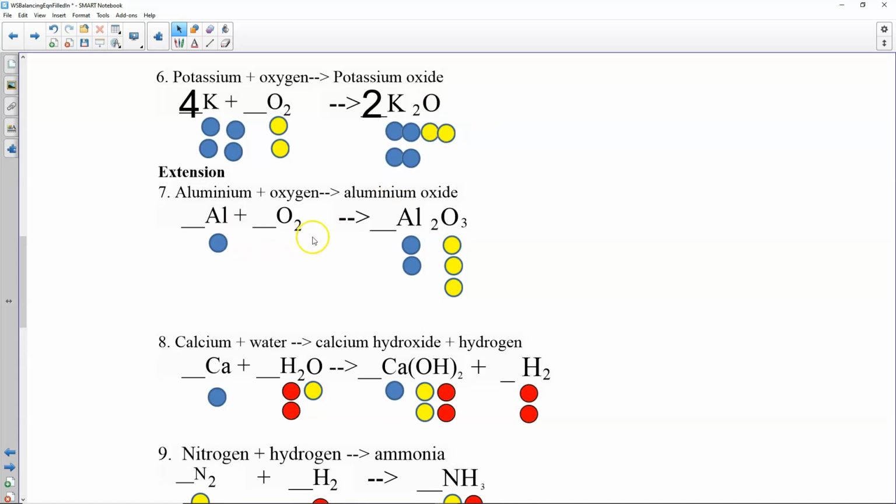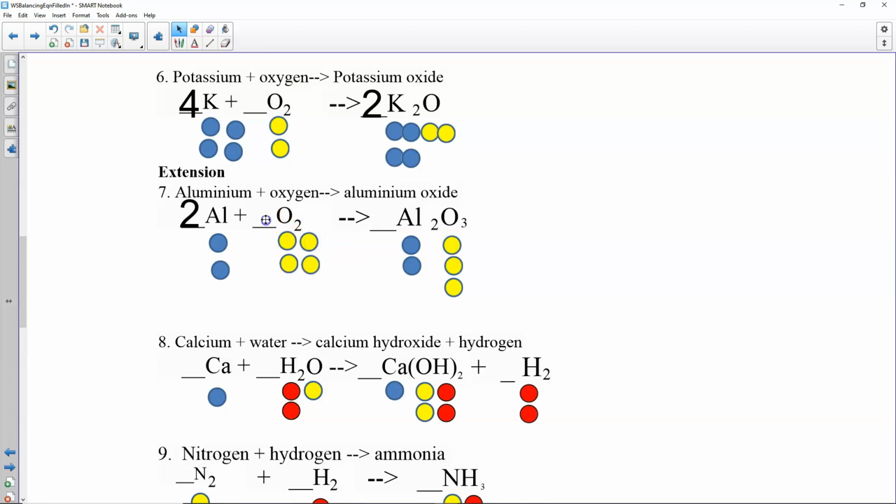The extension question is the aluminium plus the oxygen. So let's start with the aluminium first. There are 2 on the right, 1 on the left, so let's double the amount of aluminium on the left. So that gives us a 2, so the aluminium is balanced. The oxygen is 2 on that side, 3 on that side, so let's increase the amount of oxygen on the left.